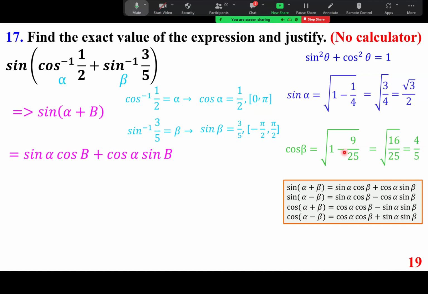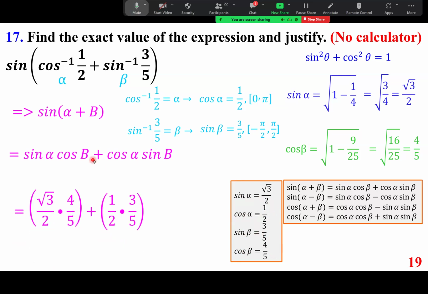And so let's write a summary for what we have here, everybody. We put everything that we have in this table just to make it easier to follow and plug in. We have 4 numbers that we are interested in: sine of alpha, cosine of alpha, sine of beta, cosine beta, plug it in.